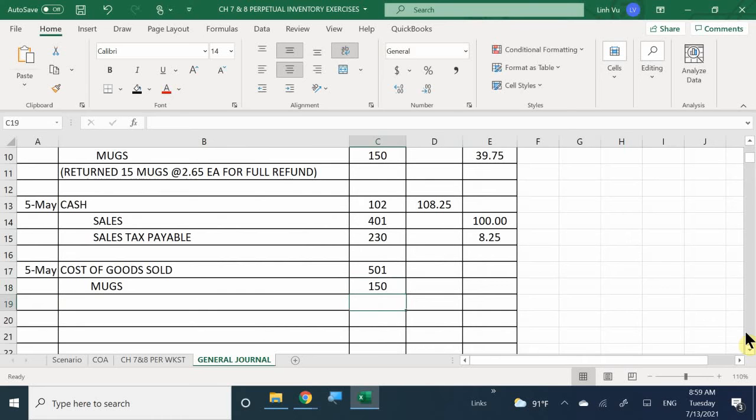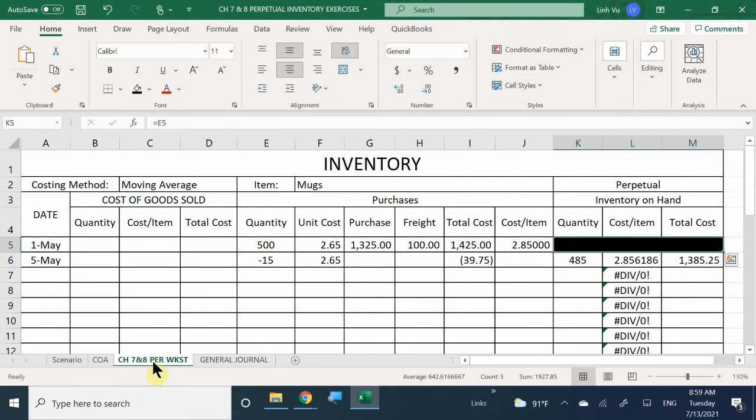Now I have to go into my inventory worksheet to solve for how much my cost of goods sold is. So here we are. It is May 5th. We sold 10 mugs, okay? I sold it at my selling price of $10 each. But in this inventory worksheet, I'm not looking at my selling price, because my selling price includes the original cost, the cost of getting the asset to my store, but it also includes a profit percentage.